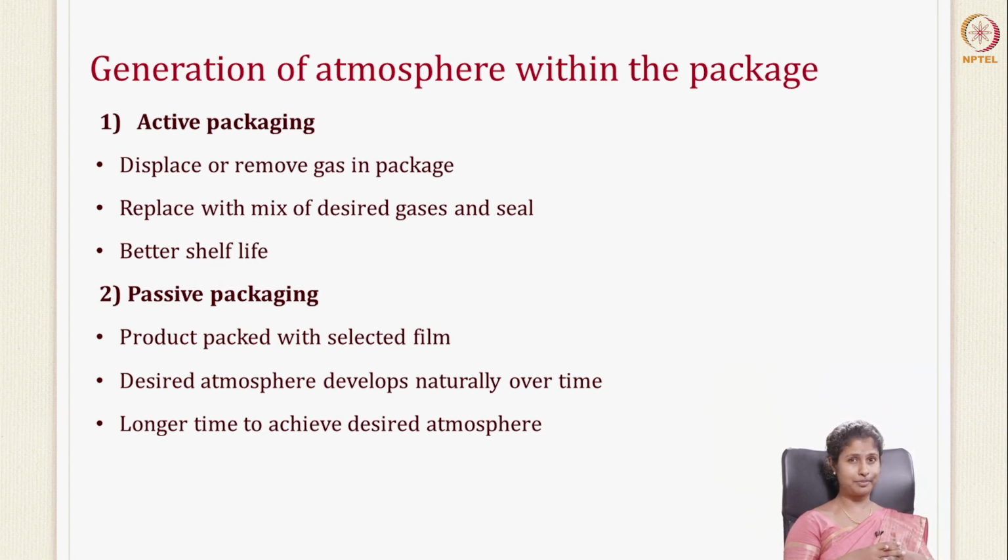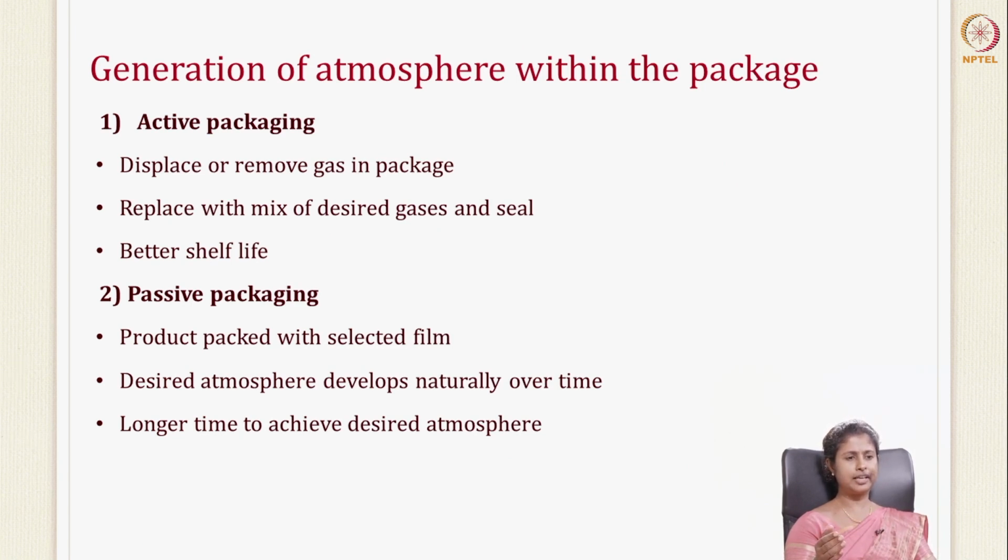How is that possible? In active packaging, you're going to displace or remove the gas in the package. For example, if you add components that can absorb oxygen or release carbon dioxide, this can actively keep the composition in the package the way that you want. Better shelf life is a result of such a product. Again, sealing and barrier properties are important.